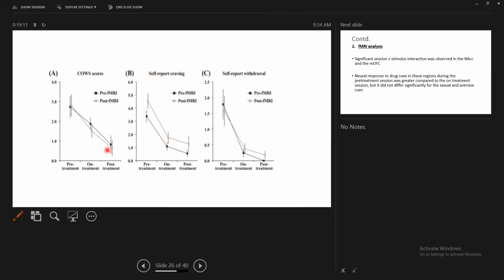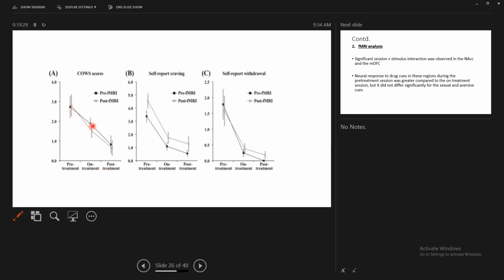Now let's go to the second part. The second part is that all the scores have significantly decreased from the pre-treatment to the on-treatment part, right? In totality, you can see that pre-treatment scores and on-treatment scores have decreased, be it the pre or post fMRI.